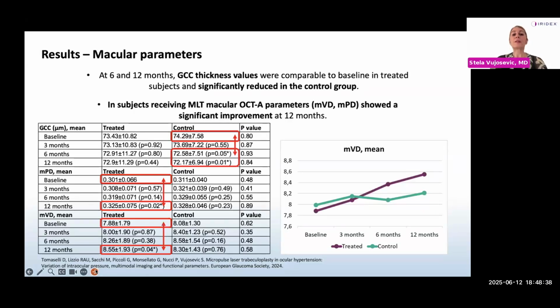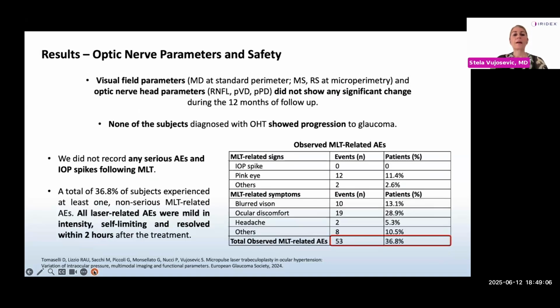Here you can see the macular parameters, so the multimodal imaging parameters. At 6 and 12 months, the ganglion cell complex thickness values were comparable to baseline in treated subjects and significantly reduced in the control group. In subjects receiving MLT, macular OCTA parameters, so the vessel density and perfusion density, showed significant improvement at 12 months.